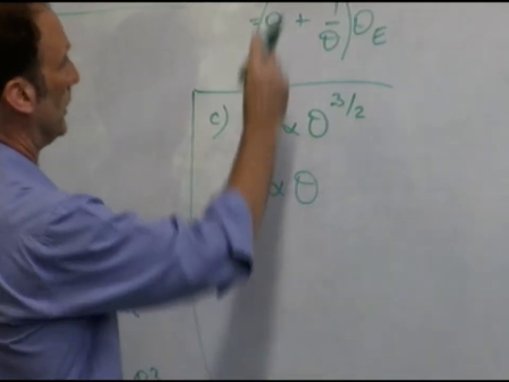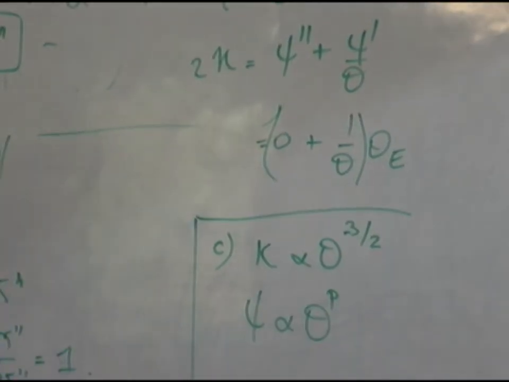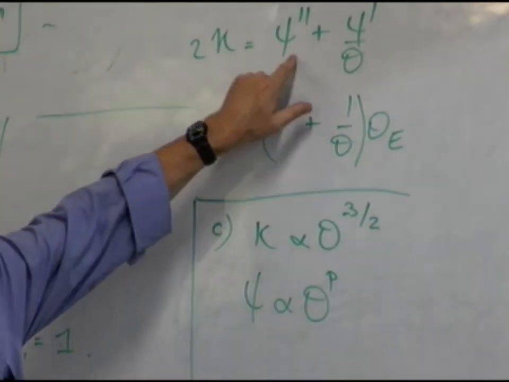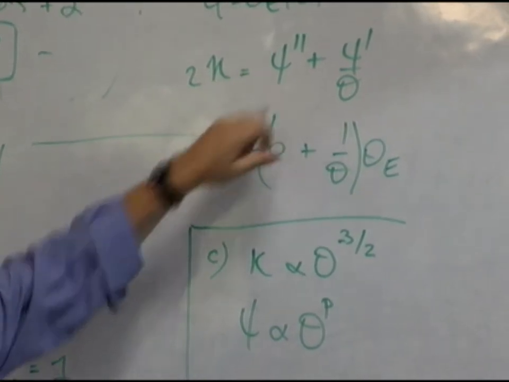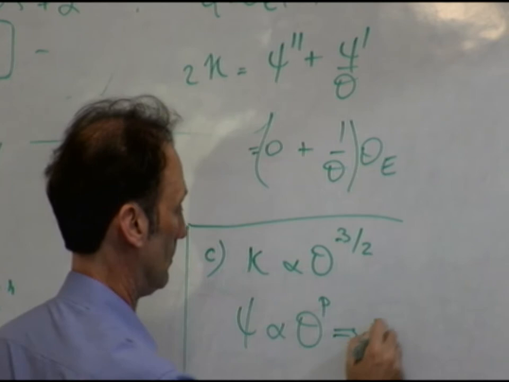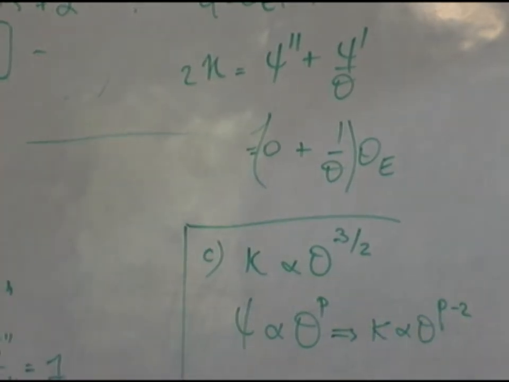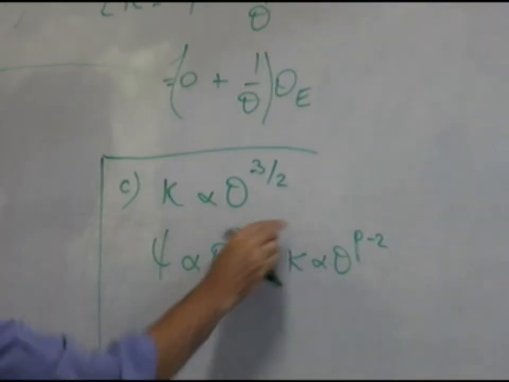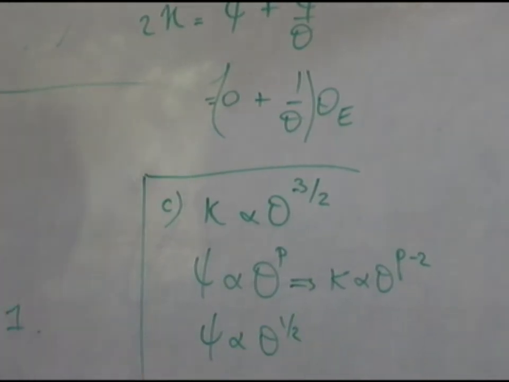If we try a potential that goes like some power, then here you see that you end up with a power that's too low by the time you calculate kappa, because you take a second derivative. And so from this you can read off that when kappa goes like theta to the minus 3/2, psi has to go like theta to the plus 1. You raise it by 2 powers.